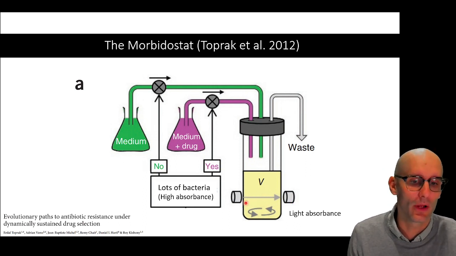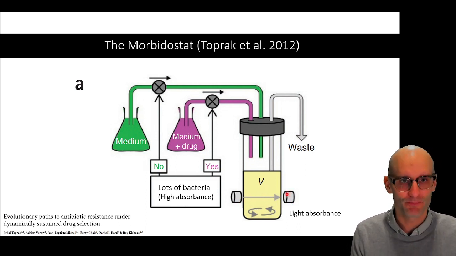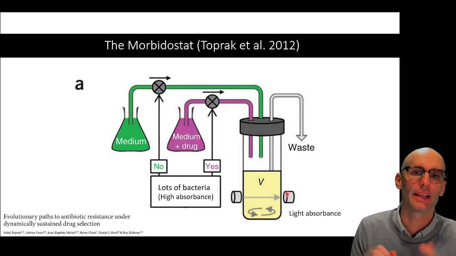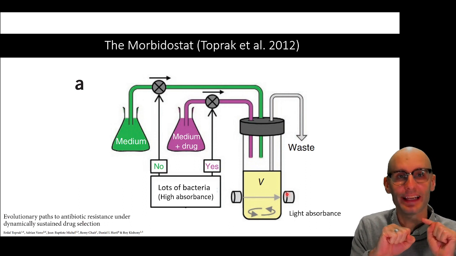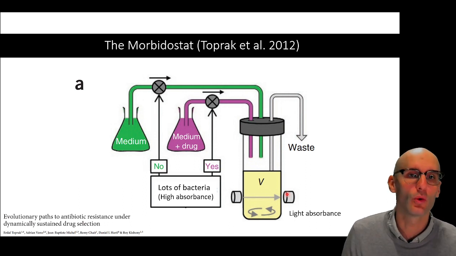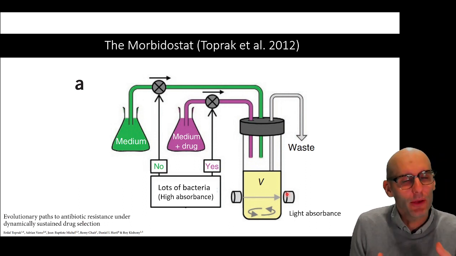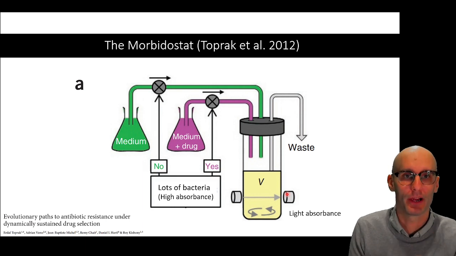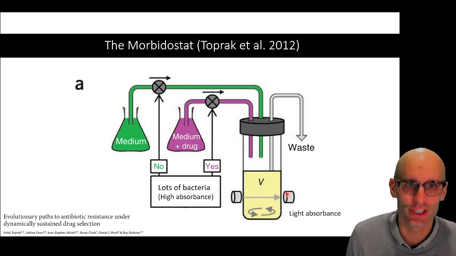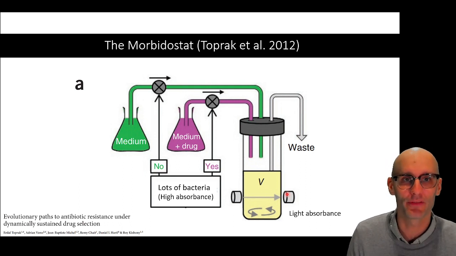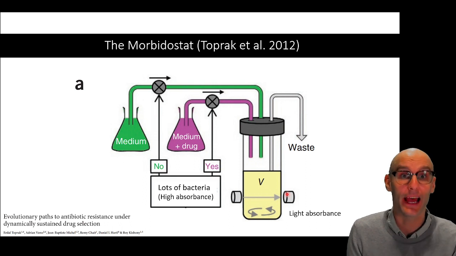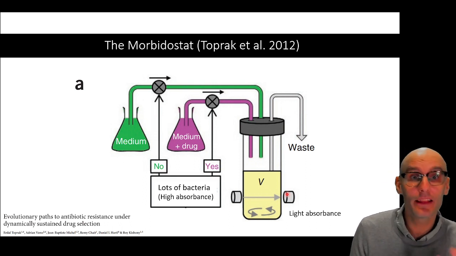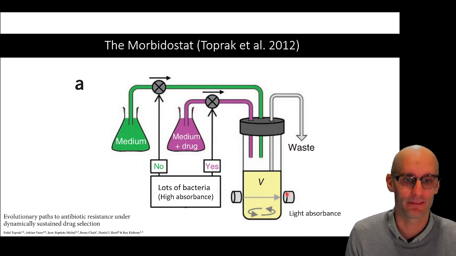Now over here, we've got this thing called light absorbance, where you can shoot a laser through your culture, and based on how much of that laser can get out the other side, which we call optical density, it tells you how many bacteria are in that flask. Essentially, we're looking at how cloudy the solution is. You shoot a 600 nanometer wavelength through, and how much can get out the other end tells you how cloudy the media is, and how cloudy the media is tells you how many bacteria there are.